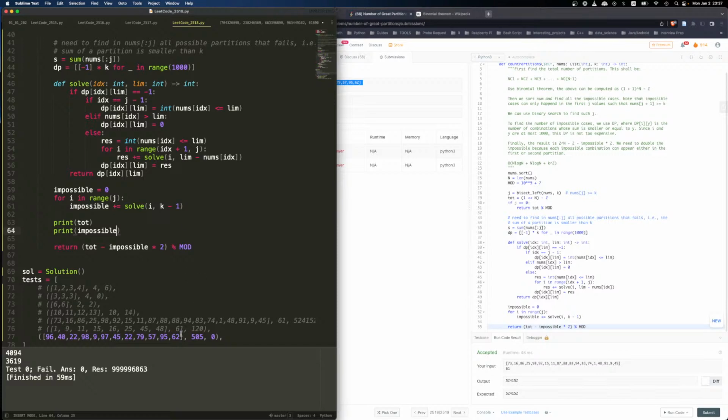Why would it still be impossibles? Shouldn't impossible be all of them? Oh, it's k minus 1. That doesn't matter.